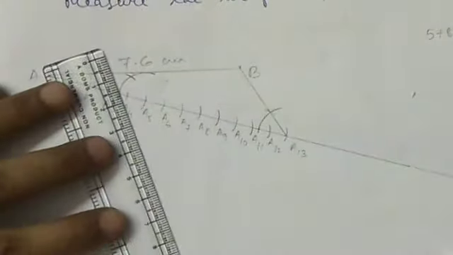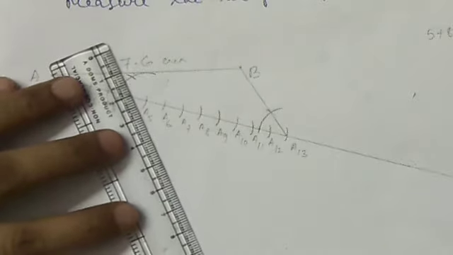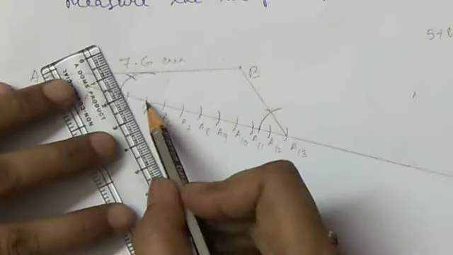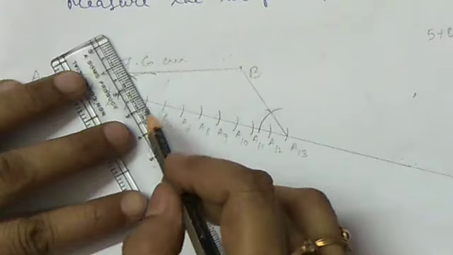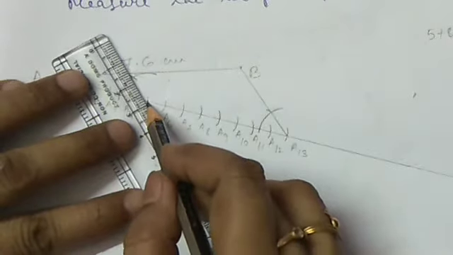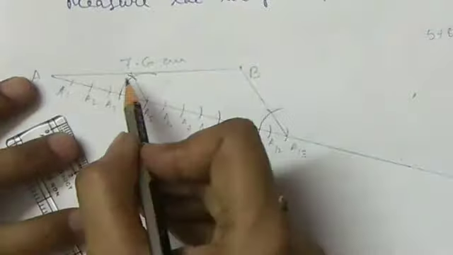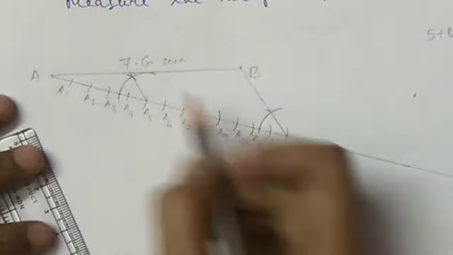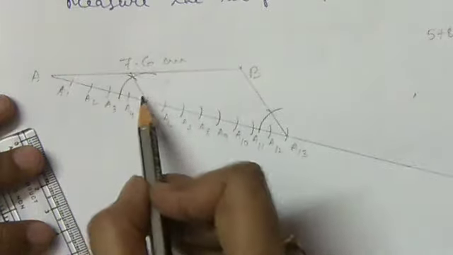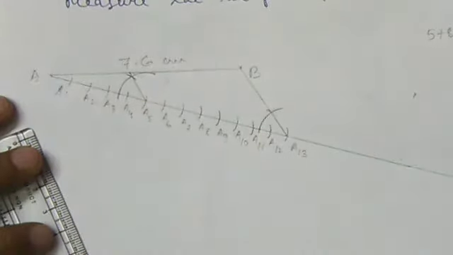Here I have got this point, you join it with A5 to cut the line AB. Thus we have made the line segment which is parallel to BA13. Let this point be named.